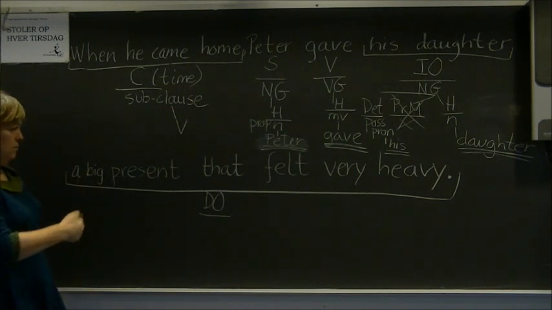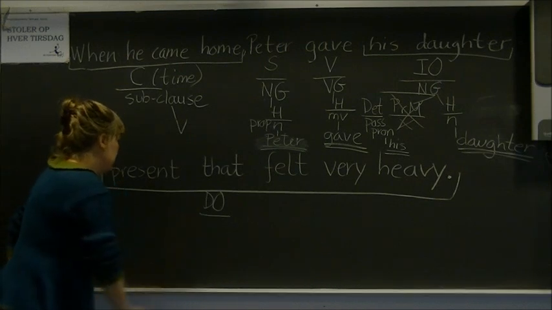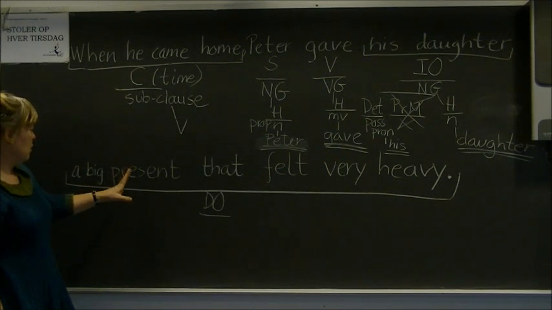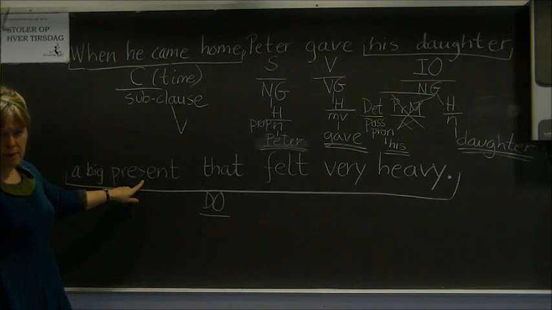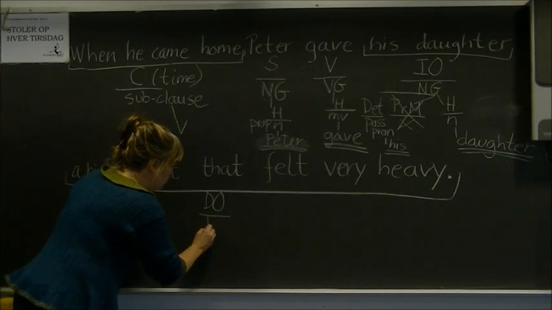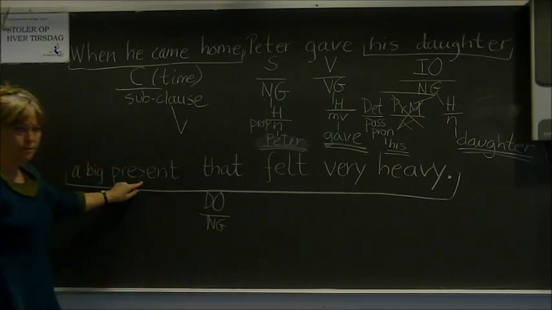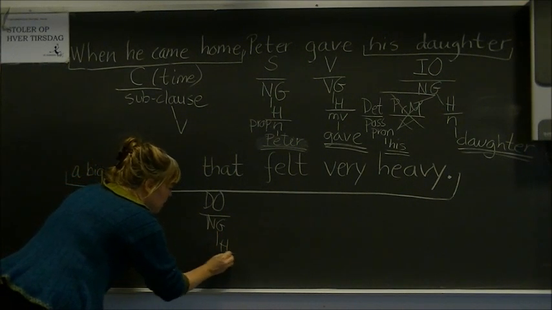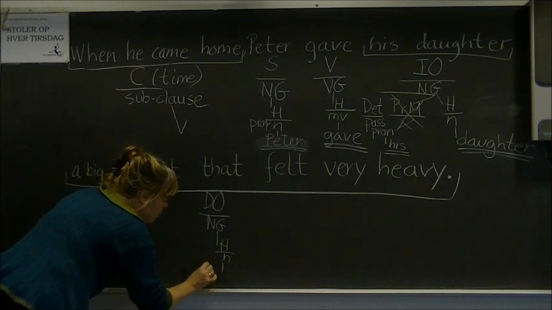He gave this. And as we said, it's a direct object. And when we look at which word is the most important word here, which is what we do when we find groups, it is the present that is the essential information, and that's a noun. So this is a noun group, again, because present is a noun. So present is the head, and it's a noun.